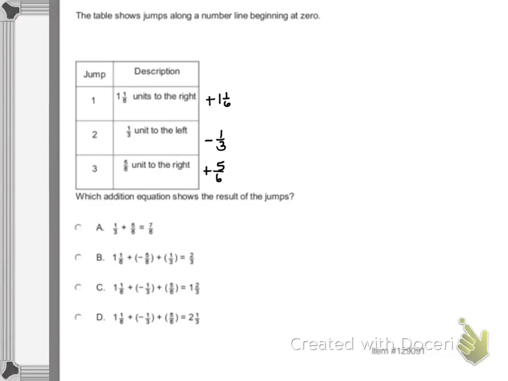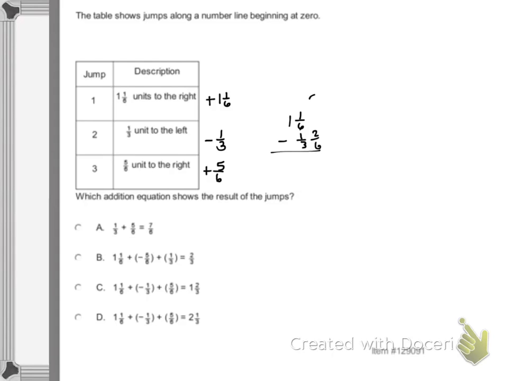All right, so let me just go ahead and figure out which one shows that. Okay, so that's between C and D, and now I do have to work it out. Let's do 1 and 1/6 minus 1/3. Common denominator is 6, so that's 2.